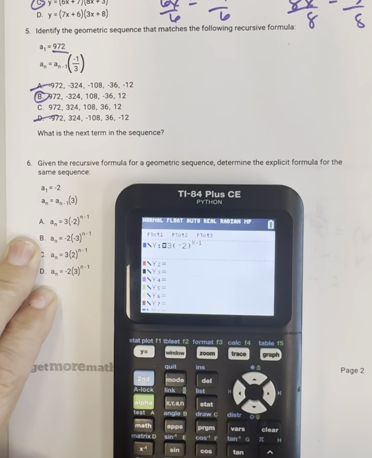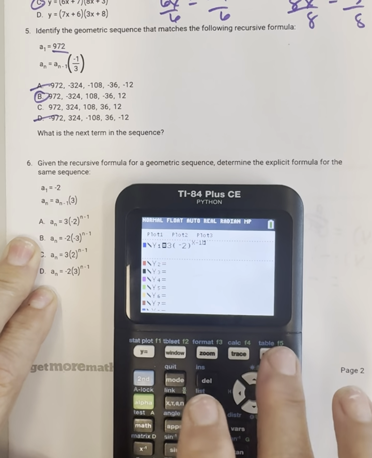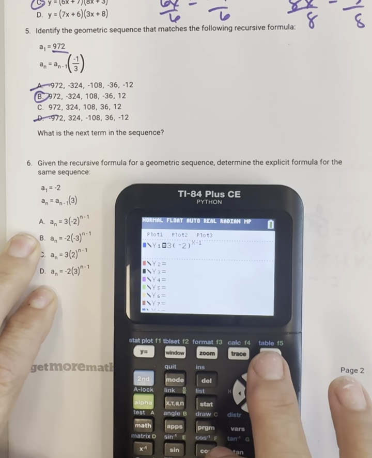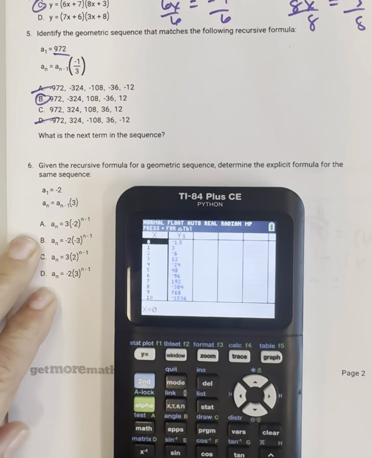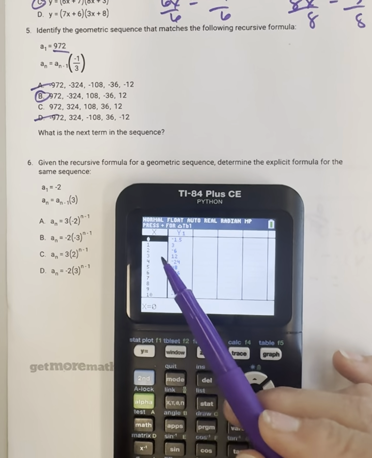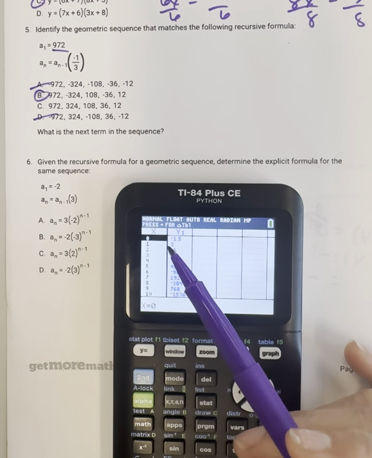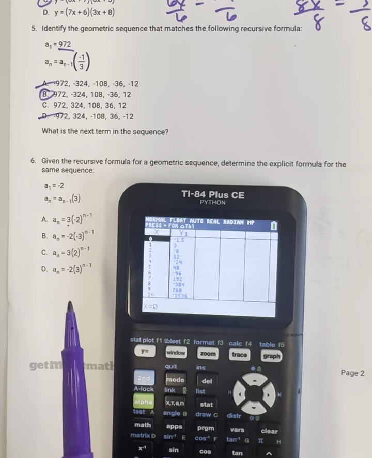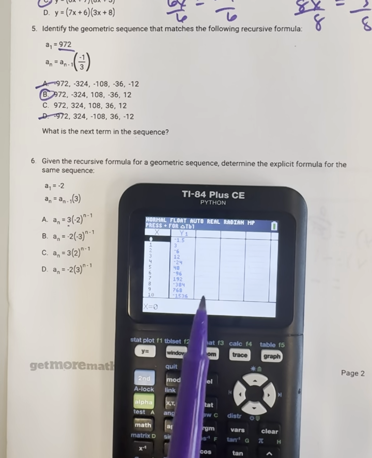And so let's just put in A and let's look at our table. Notice I did x minus 1 instead of n minus 1. And so our first term is 3. So this number was our first term. And is that the first term we're looking for? No, we're looking for -2.